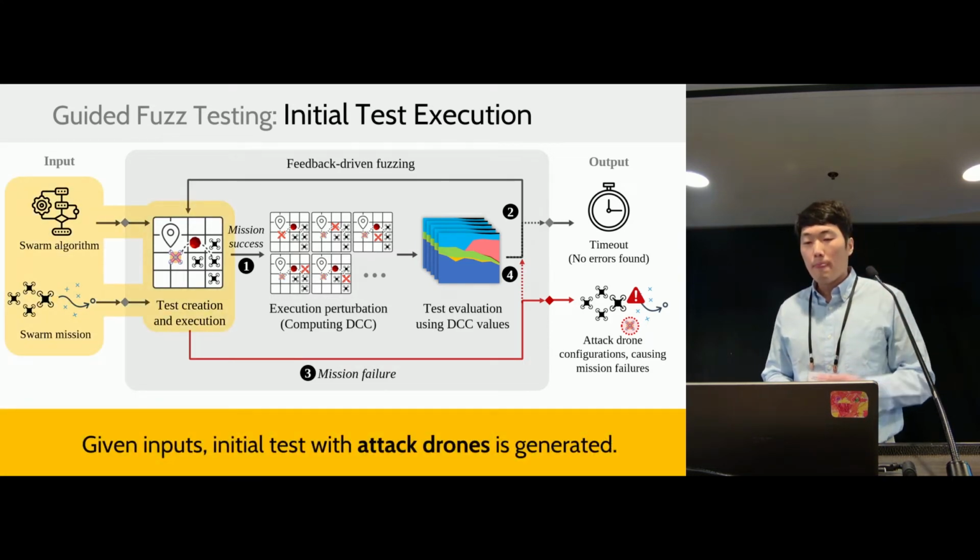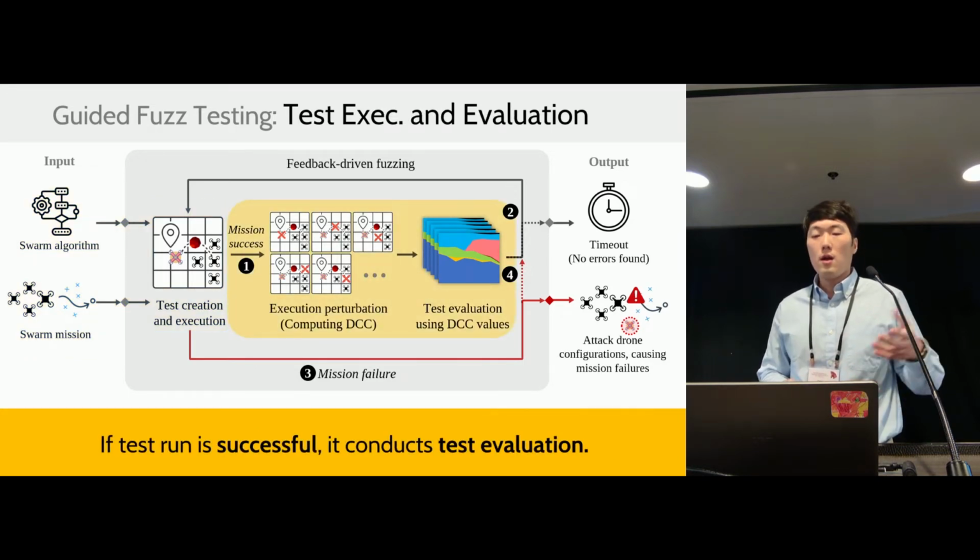First, SwarmFlawFinder takes a target swarm algorithm and the swarm mission as input. On them, it runs an initial test with attack drones. Next, if a test mission finishes successfully, it conducts a test evaluation. This part is the core technique of SwarmFlawFinder. Here, execution perturbation is done using counterfactual execution.